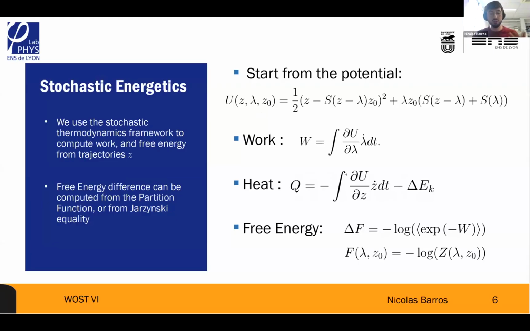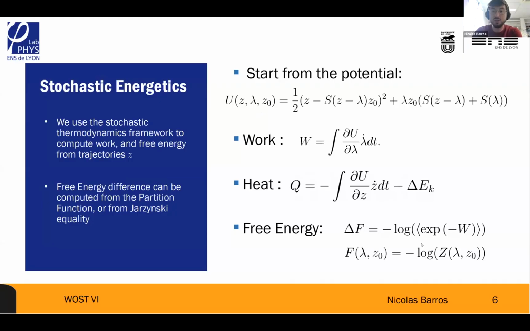And if we change the system, so the potential in which the cantilever evolves between two states, the free energy difference induced by a change in lambda will be either computed using Jarzynski equality from the repetition of many experiments, or from equilibrium statistical physics using the computation of the partition function.